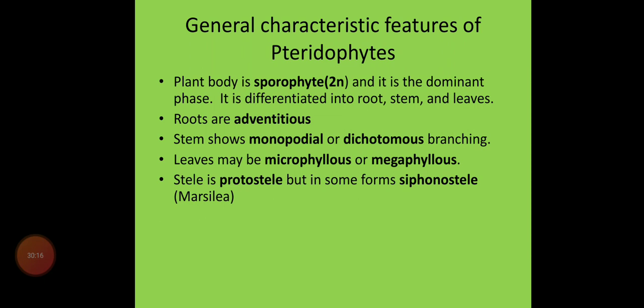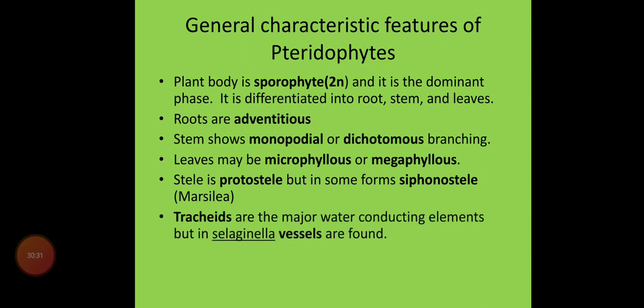One more question: pteridophytes have protostele. Protostele is the arrangement of xylem and phloem in pteridophytes. Siphonostele is observed in Marsilea. And one more very important point: they have xylem and phloem, but among the xylem, tracheids are the major water conducting elements in pteridophytes. But we can observe something different in angiosperm flowering plants.